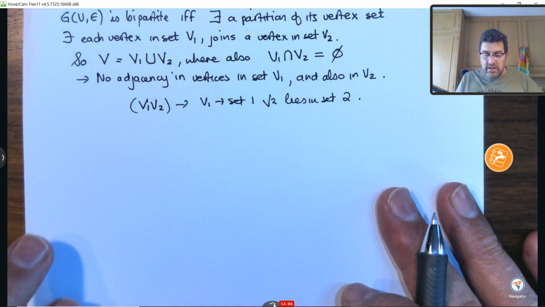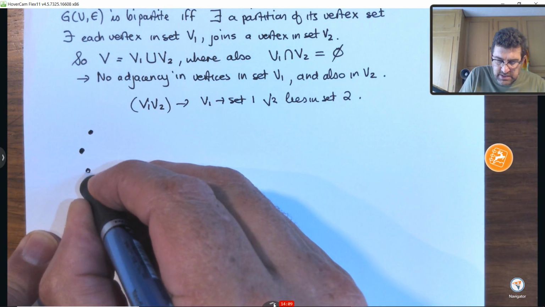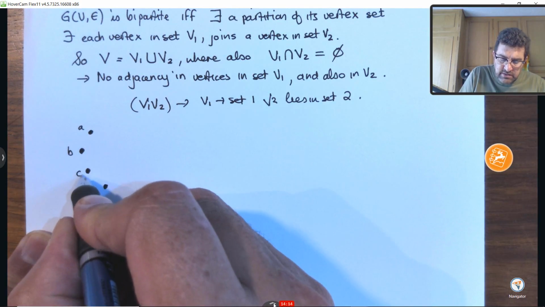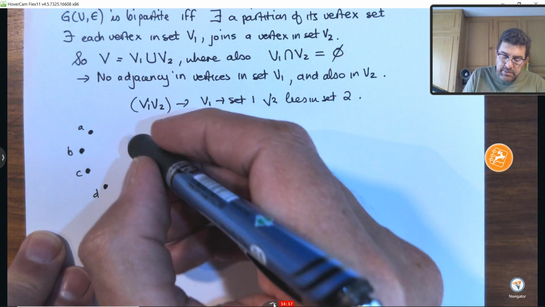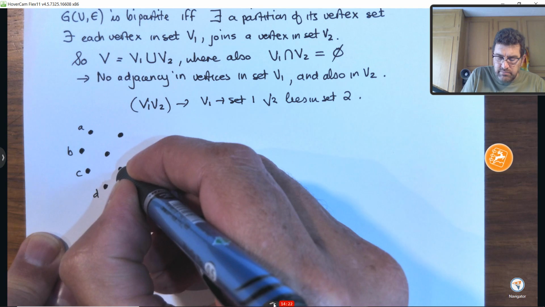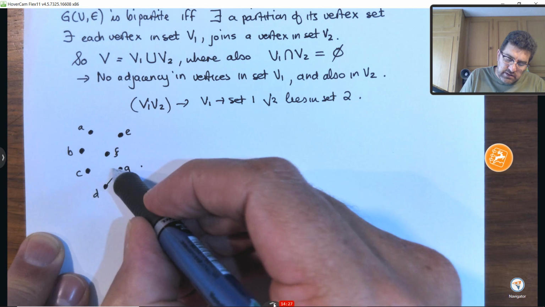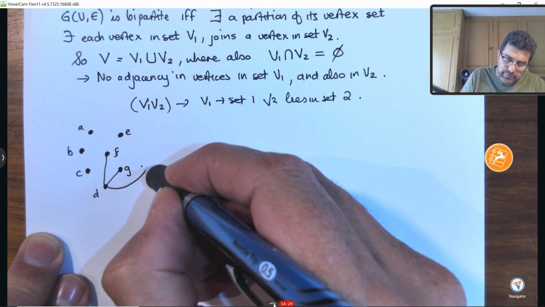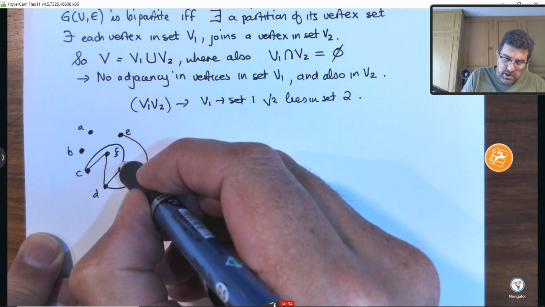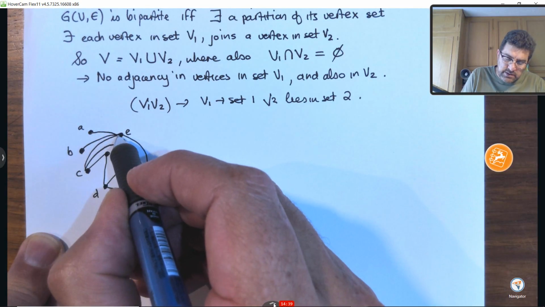Now let's just look at a few examples. Let's say there are vertices A, B, C, D, and there are vertices here. I'm drawing a silly graph, but yeah. Let's go there, there, and there, and here, and there.